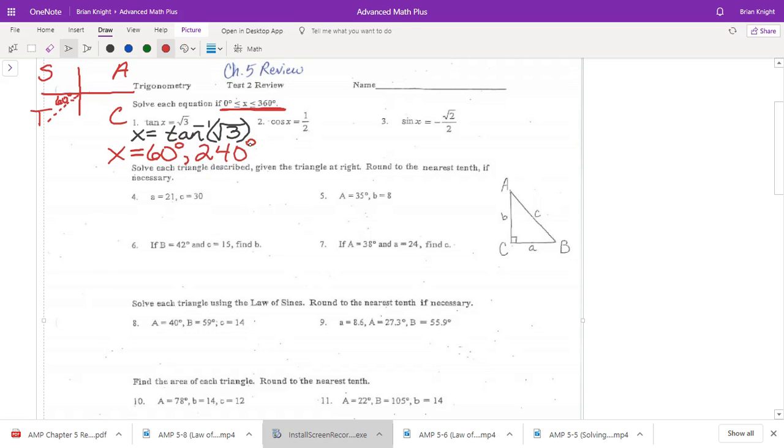How far is it from here to here? 180. And then I need to go how much further? 60 more degrees. If you went all the way, it'd be 240.